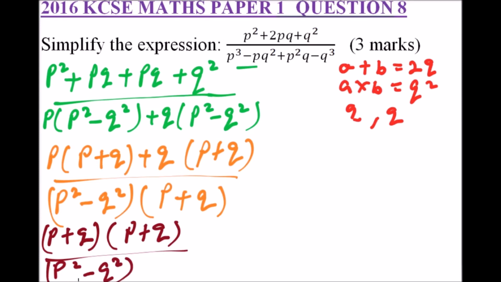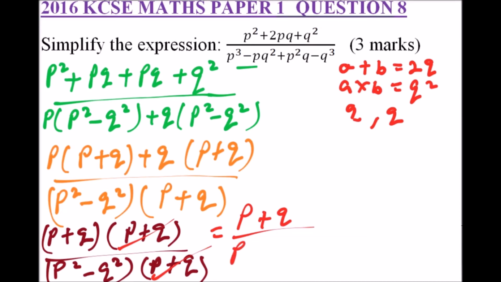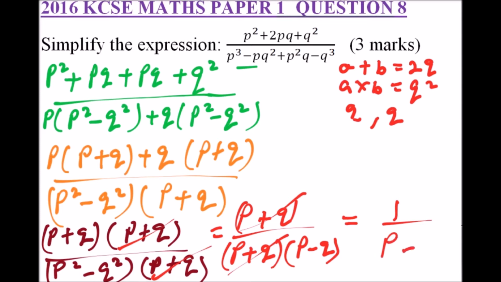This is p plus q, which we can say this can be divided. The numerator is p plus q. We divide, this is a difference of two squares, so it can be written as p plus q and p minus q, which we can now say this can divide with that, you get 1. So your final answer is 1 over p minus q. So that is how you work out that. You get yourself 3 marks.